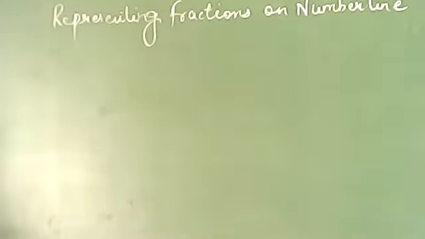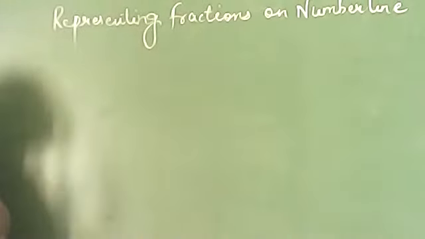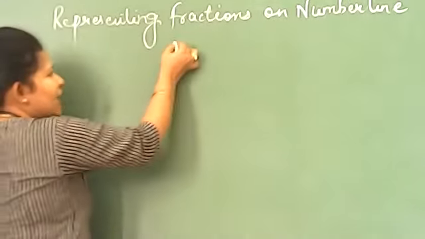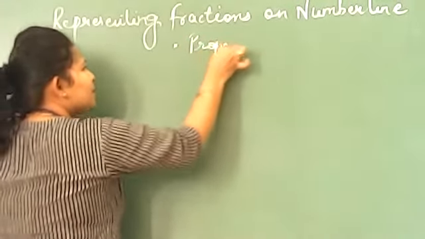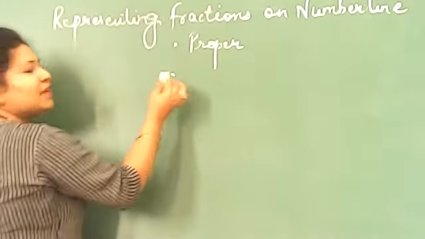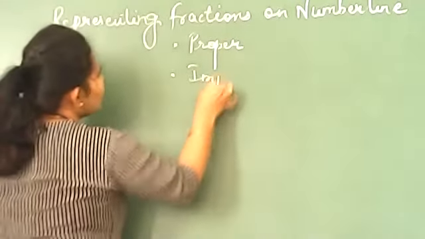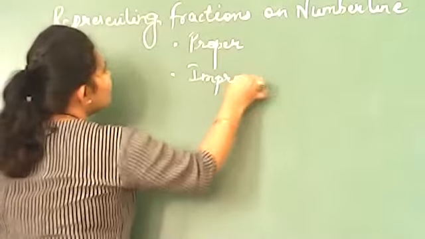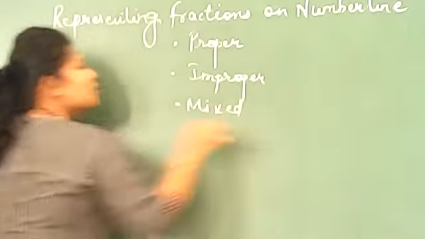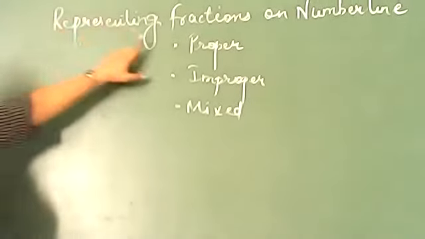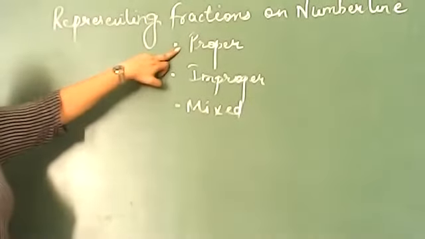So let's begin. You know we have understood three types of fractions. Most of the time we discuss only three types of fraction. First is proper, second was improper, third was mixed. So first of all, we will discuss how to represent proper fraction on number line.